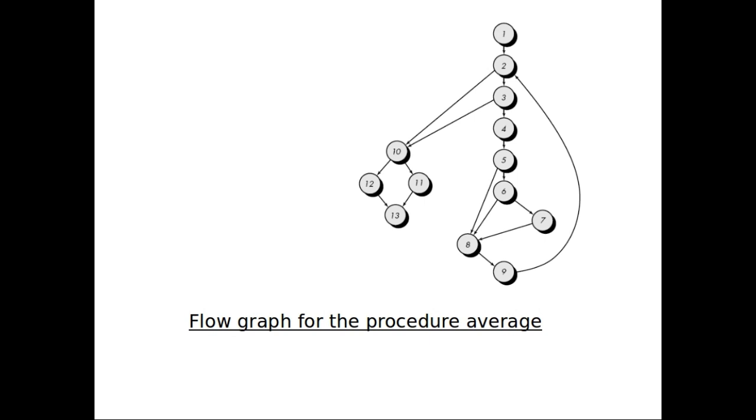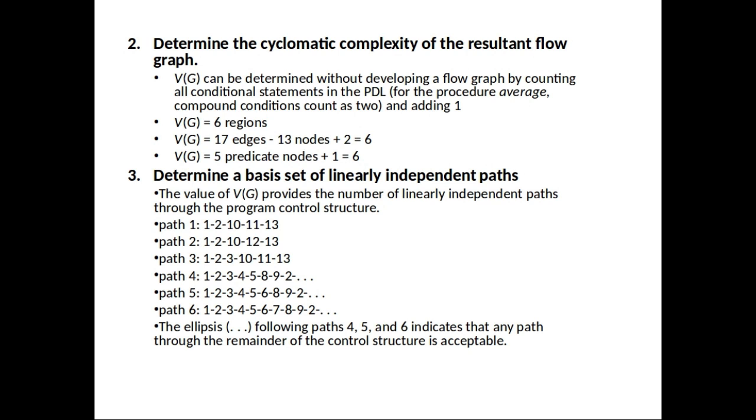The following steps can be applied to derive the basis set. Step 1: using the design or code as a foundation, draw a corresponding flow graph. A flow graph is created using the symbols and construction rules presented, by numbering those PDL statements that will be mapped onto corresponding flow graph nodes. The corresponding flow graph is shown here. Step 2: determine the cyclomatic complexity of the resultant flow graph.